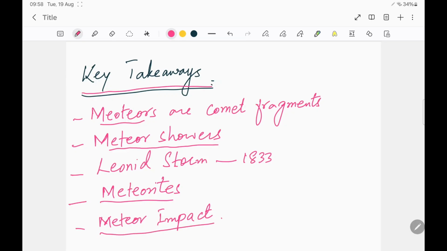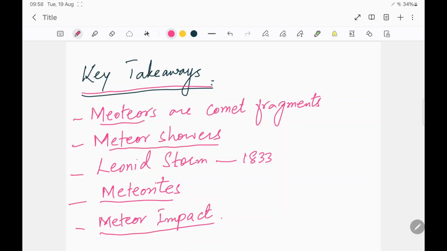So we say that they have shaped Earth's surface, and they continue to fascinate astronomers and scientists. So whosoever is interested in knowing about the universe, not only obviously our solar system, but also about the universe. So these are, dear students, the key takeaways.